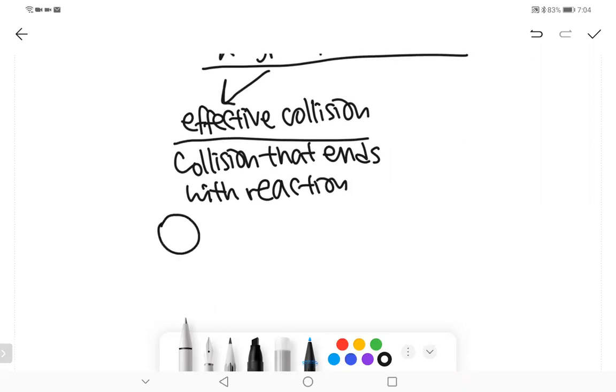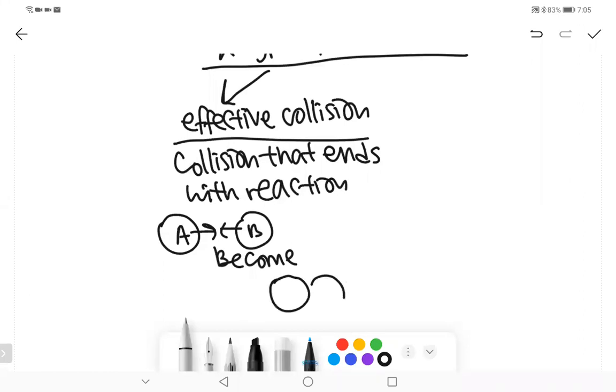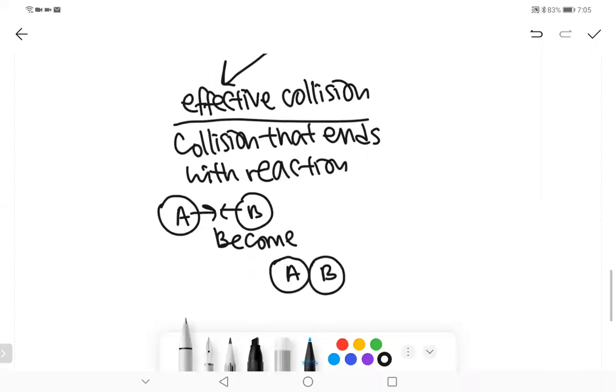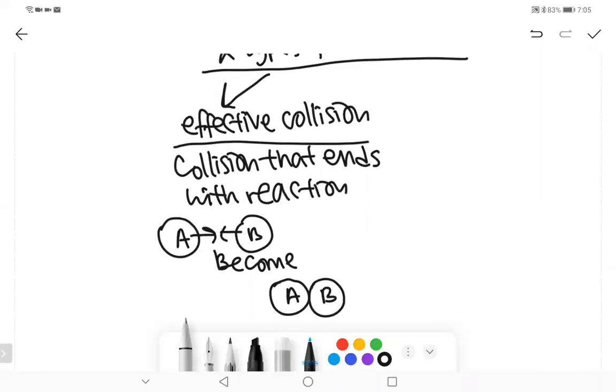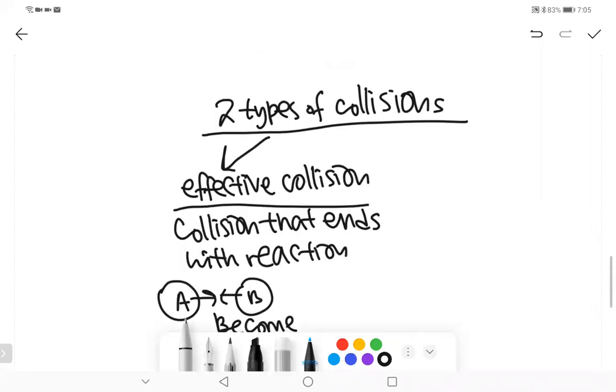Example, this is substance A and this is substance B, they collide. After they collide, in the end they combine together, so they react. So that's effective collision.